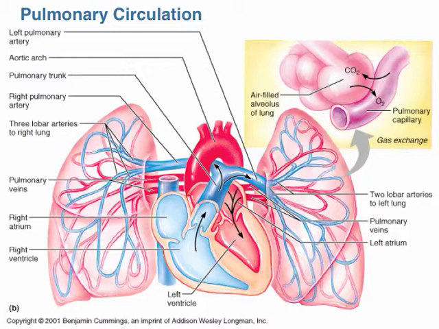But this is a little tricky because in the pulmonary circulation, the arteries, which usually carry red blood, are carrying blue blood, or low-oxygen blood, to the lungs so that the lungs can oxygenate the blood.